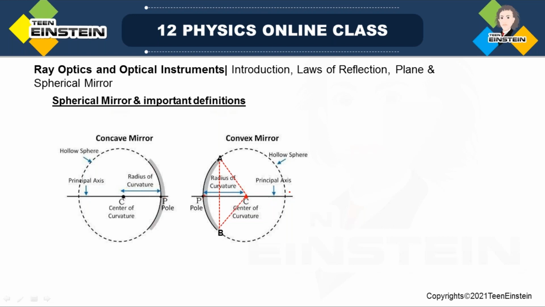Whenever we discuss image formation, we'll keep the base of the object or image on this principal axis as the reference. Suppose I draw an object in front of the concave mirror here. So this will be the base of the object. So this is A and this is B. This is the base of the object on this principal axis.